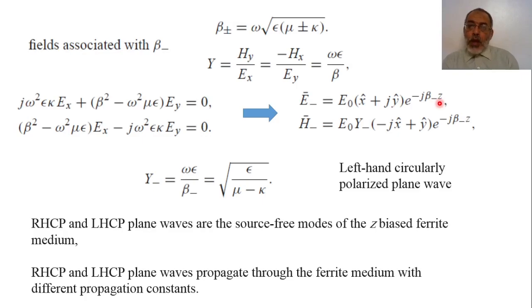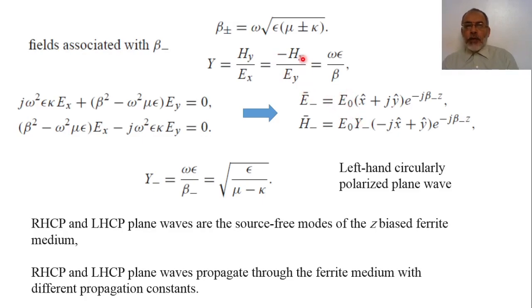Okay? On the other hand, the magnetic field of this electric field can be obtained by the relation, by replacing Hy by Y minus Ex, which is E naught, and Hx would be replaced by minus Y minus multiplied by Ey, which is also E naught.